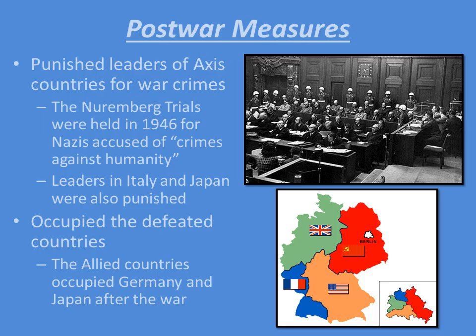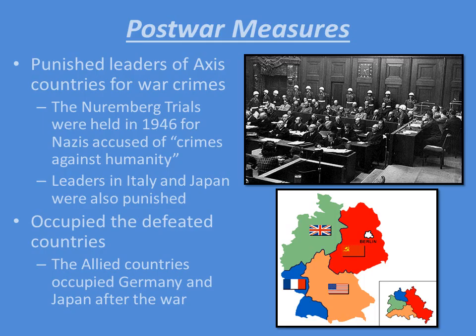The first thing they did was punish the leaders of the Axis countries like Germany and Italy and Japan for what they had done during the war, for bringing this calamity on, and for committing horrible acts against their own people and people that they had conquered during the war.